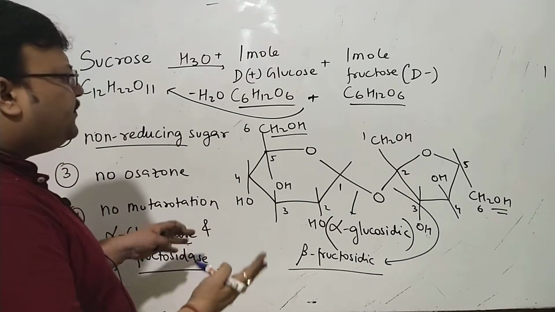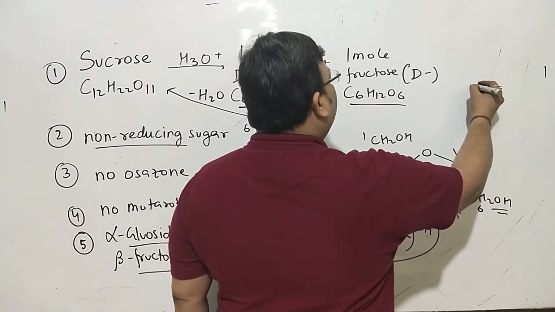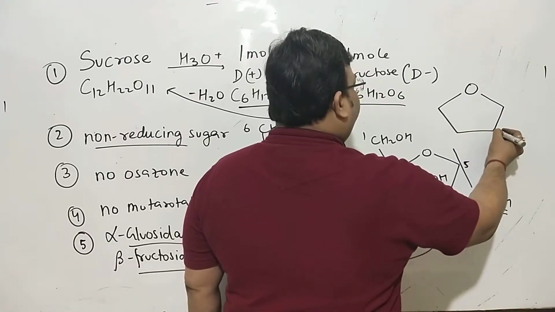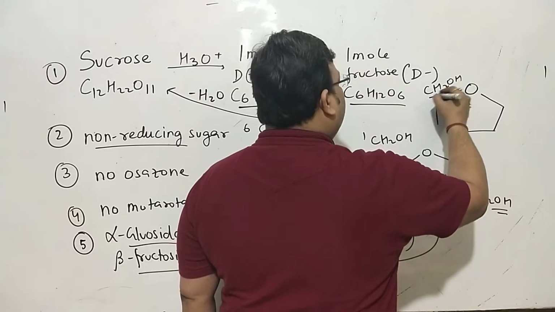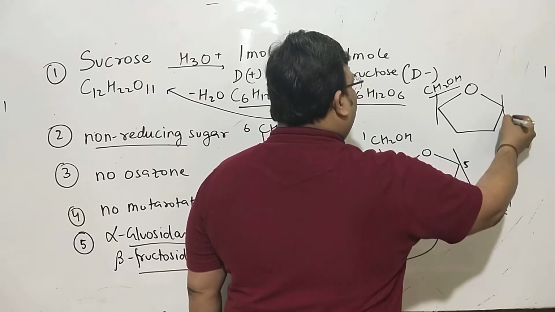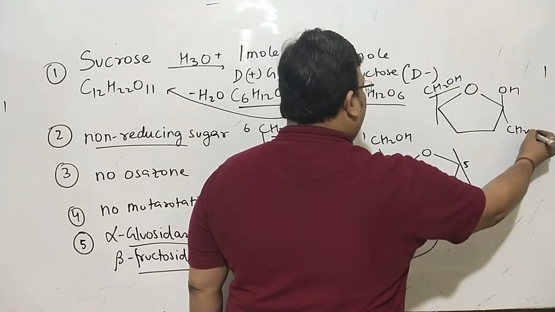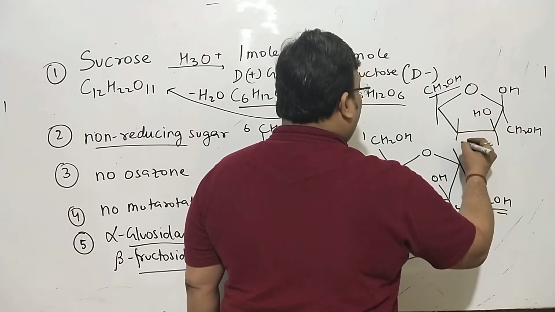Generally, the fructose which we see is of this kind, where if I keep the CH2OH up, in the beta form, I have at carbon 2 OH up, CH2OH, carbon 3 OH up, carbon 4 OH down.